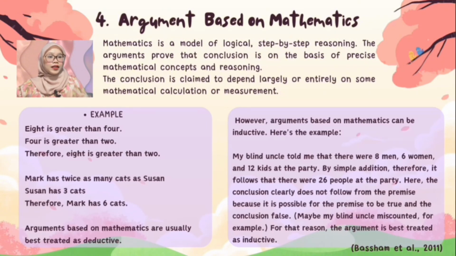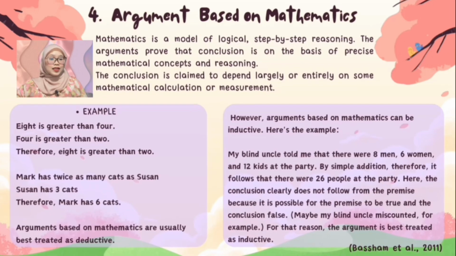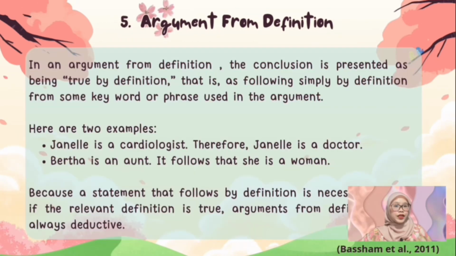Maybe my blind uncle miscounted, for example. So, for that reason, the argument is best treated as inductive. Next, arguments that are true by definition: that is, following simply by definition from some keyword or phrase used in the argument.